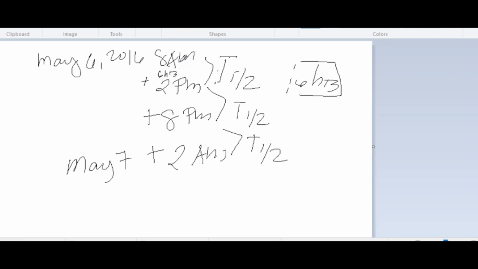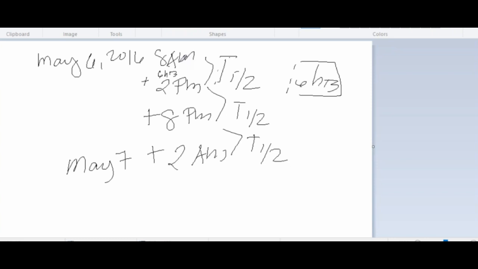Then, we will add again another 6 hours. So, 8 plus 6 hours is 2 a.m. So, 2 a.m. na siya ng sumunod na araw, which is May 7. So, our third half-life will occur at May 7 at 2 a.m. Okay? So, yung answer po natin is May 7 at 2 a.m.